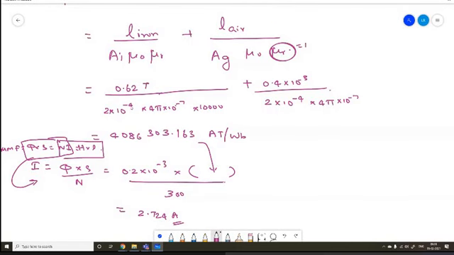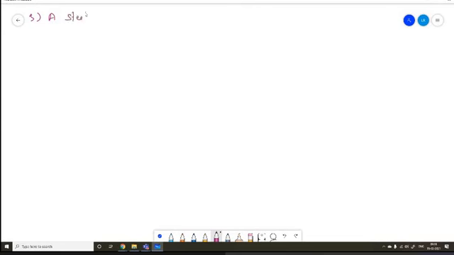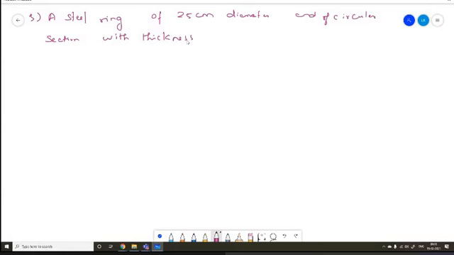So we have 10 more minutes. Let us try to complete one more question. A steel ring of 25 centimeter diameter and of circular section with thickness of 3 centimeter in diameter are given.